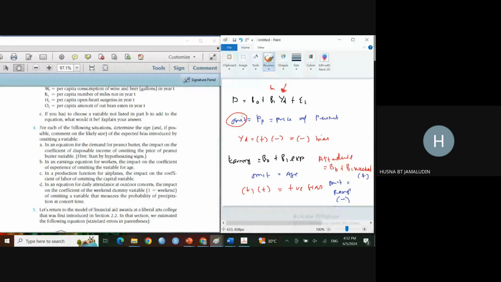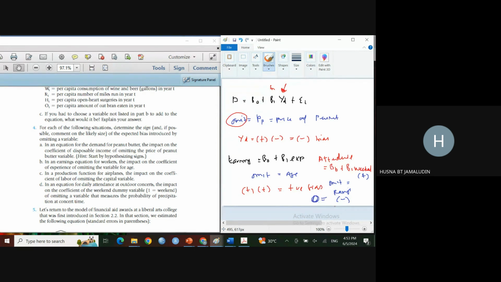Positive and negative. But somehow in the textbook, the weekend and raining have no relationship. Just because it is the weekend, you will not necessarily have rain. So basically, weekend and probability of raining have no relationship at all.